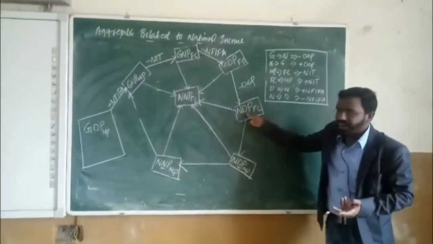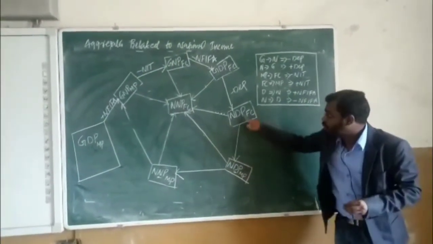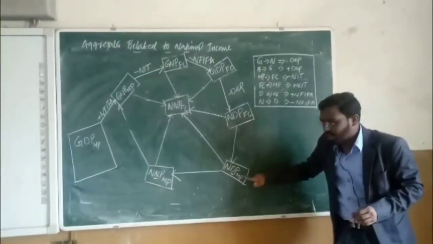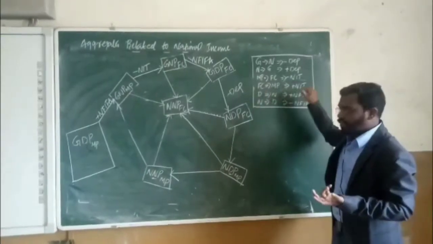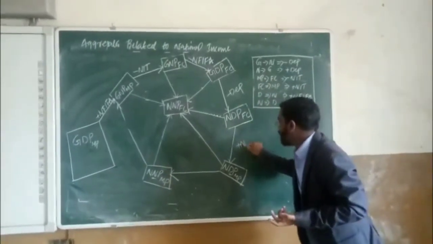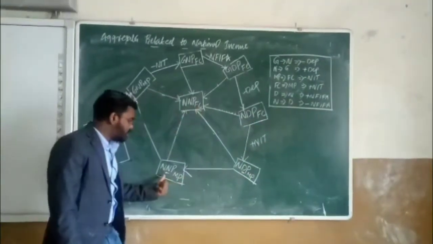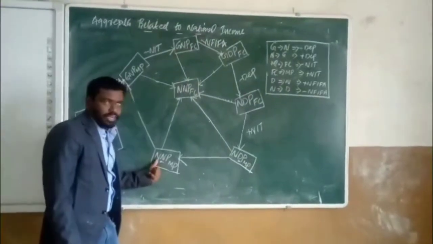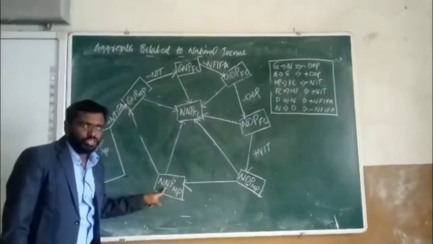Next one, this NDP-FC is changed into NDP-MP. Both are NDP concept, but the difference is FC becomes MP. How is it possible? FC into MP, that is plus NIT. Next one, NDP-MP is changed into NNP-MP. Both are net concept, but here this is domestic and this is national.